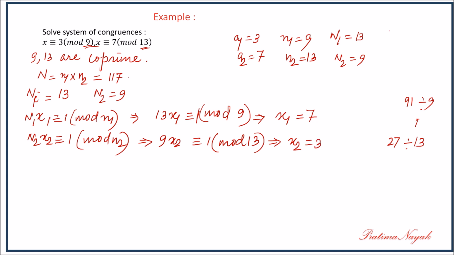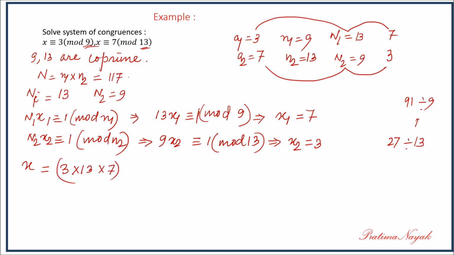So 7 and 3. Now I'll multiply a1 and a2 with this. So x equals 3 into 13 into 7 plus 7 into 9 into 3, modulo n. What is n? n is equal to 117.